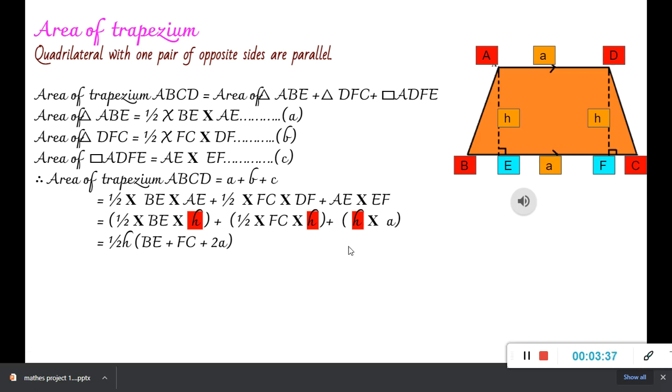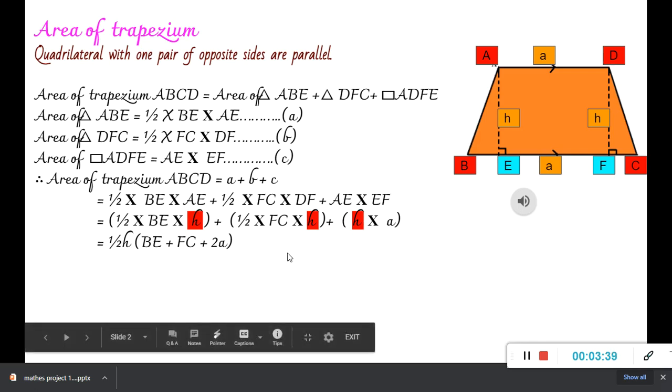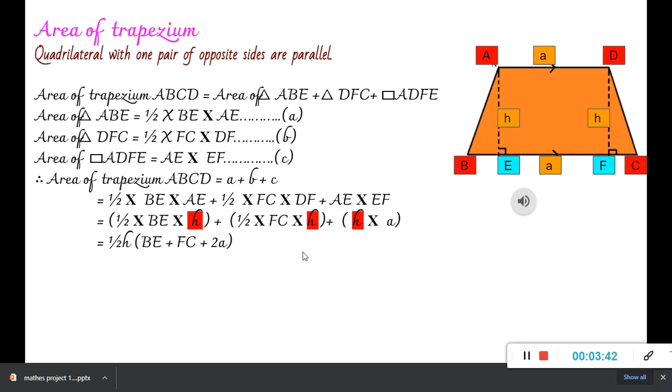Half into 2A is equal to A. Now half H is outside, and inside 2A can be split and written as A plus A. So BE plus FC plus A plus A. Now you can see that BE plus FC plus A should be our whole length, that is BC, right?